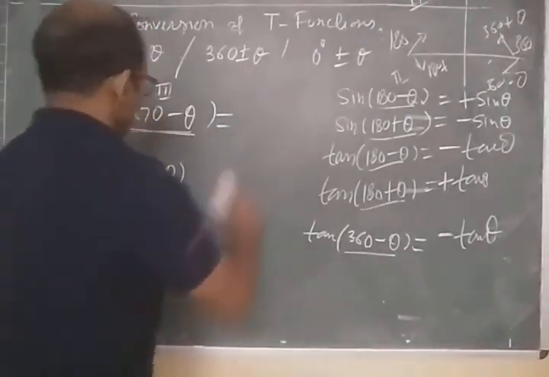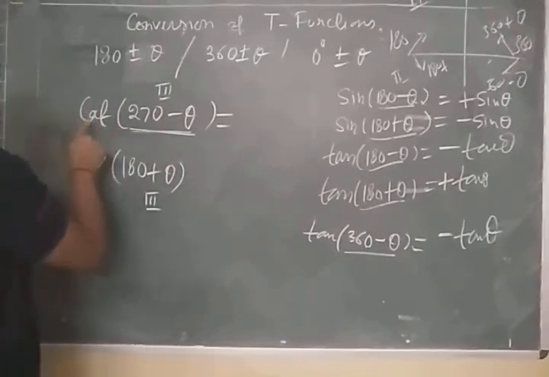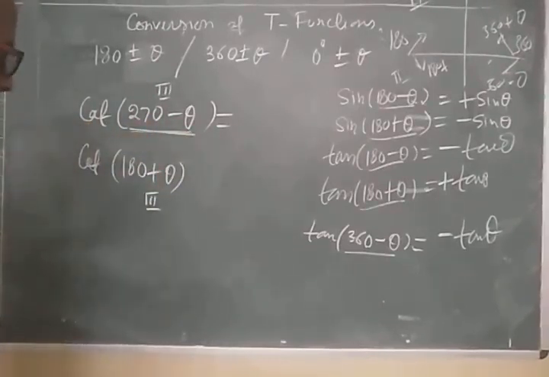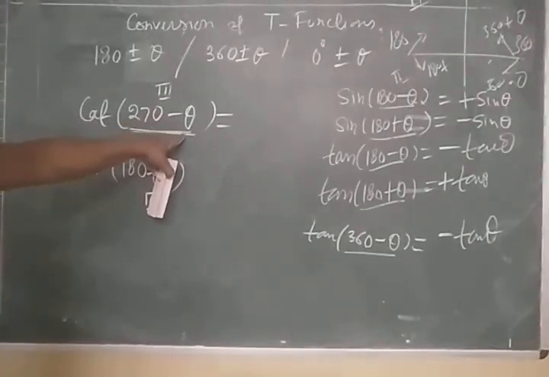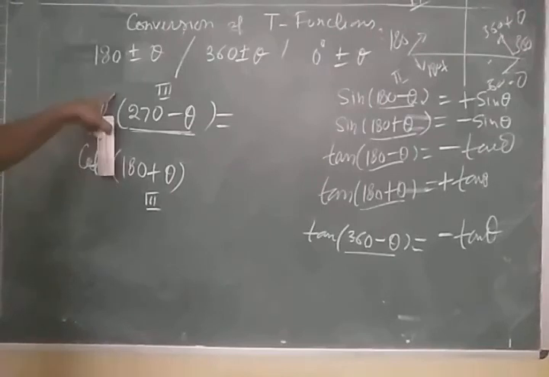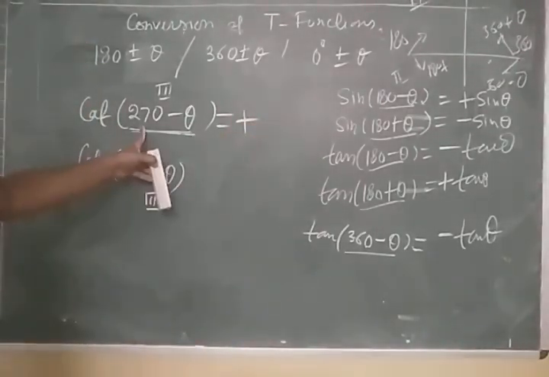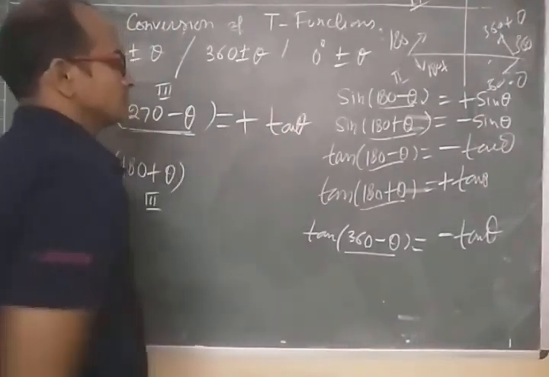If we say 270 plus or minus, cot will become tan and tan will become cot according to their sign. 270 minus means third, and in the third quadrant cot and tan both are positive. So the answer will be positive. But because of this vertical line, cot will become tan. So the answer will be tan theta.